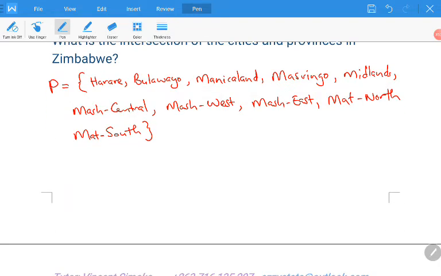So you need to find the cities and then find the intersection, which is P intersection C.